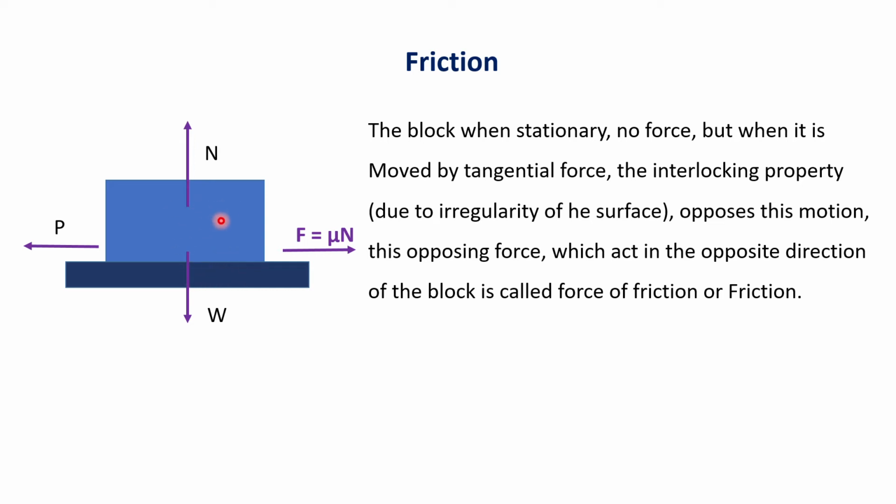Same condition you can imagine here: a book of particular weight is kept on a table. It will remain stationary until we move it, and it applies its own weight on the table, and the table will offer an equal and opposite reaction to that, that is N.